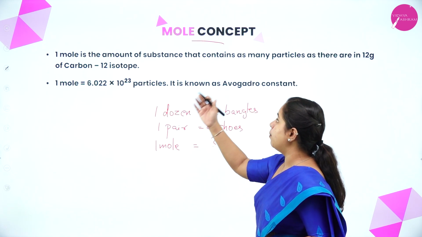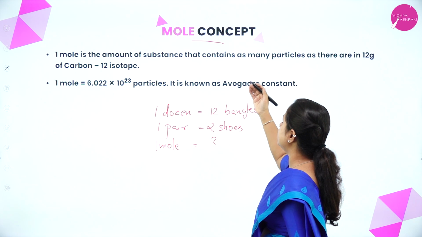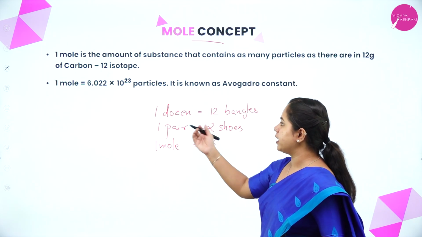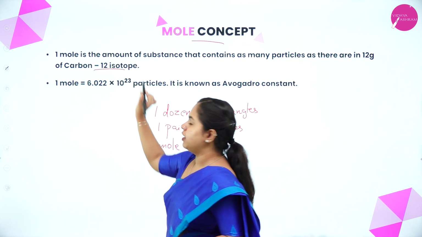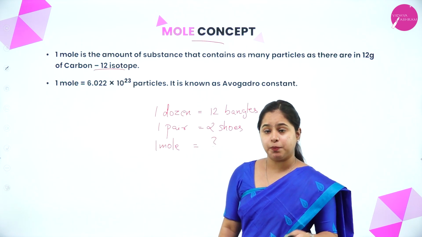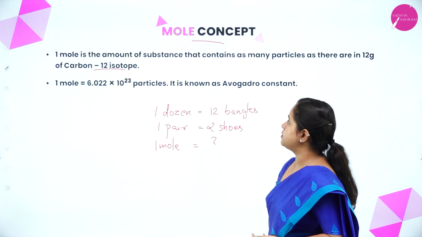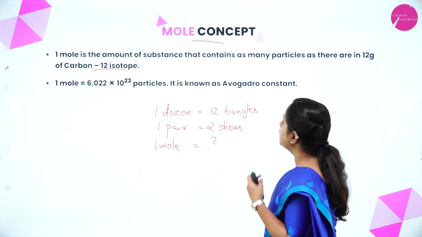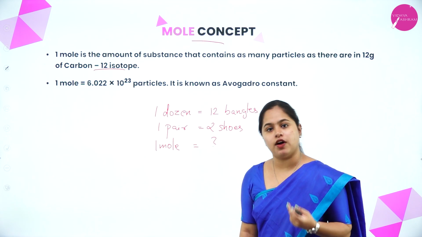One mole is the amount of substance that contains as many particles as there are in 12 gram of carbon-12 isotope. I repeat, 1 mole is the amount of substance that contains as many particles as there are in 12 gram of carbon-12 isotope.